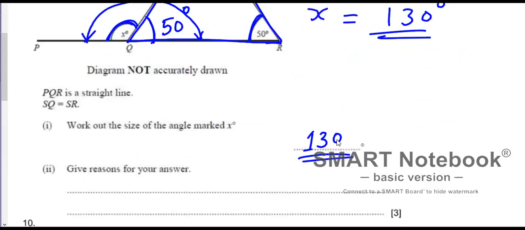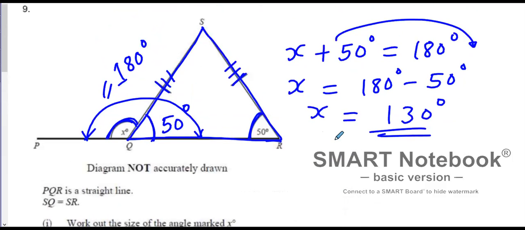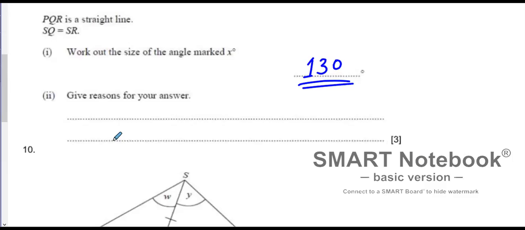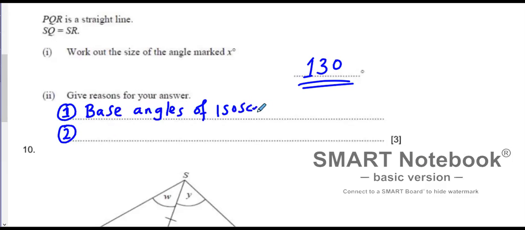Give reasons for your answer. Reason number 1 is base angles of isosceles triangle are equal, where this symbol stands for a triangle.